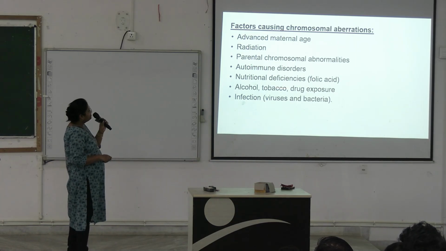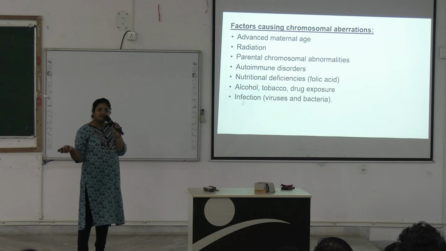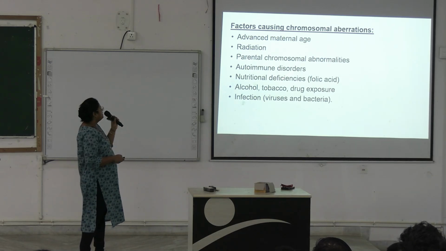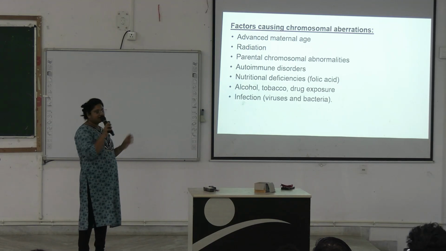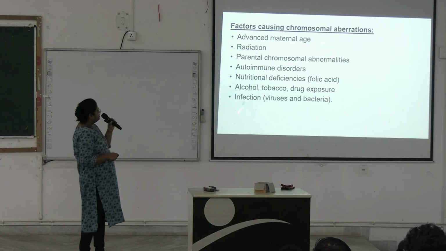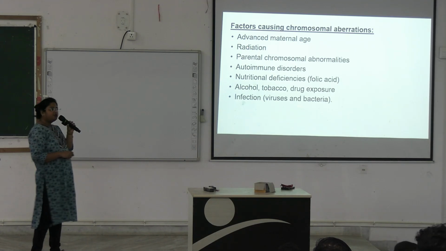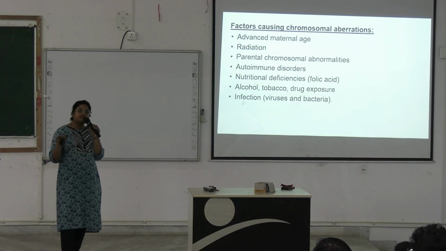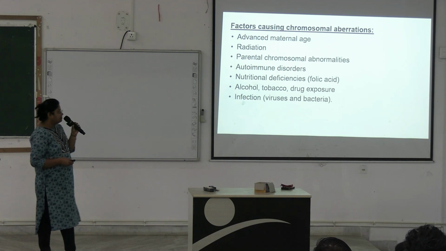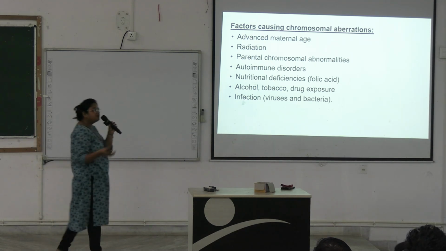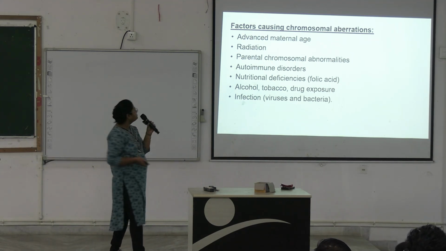Okay, so that's why iron folic acid tablets are given during pregnancy, and drug use is avoided during pregnancy. Infections are also tried to be avoided, different viral and bacterial infections, because they will lead to different disorders in the fetus.